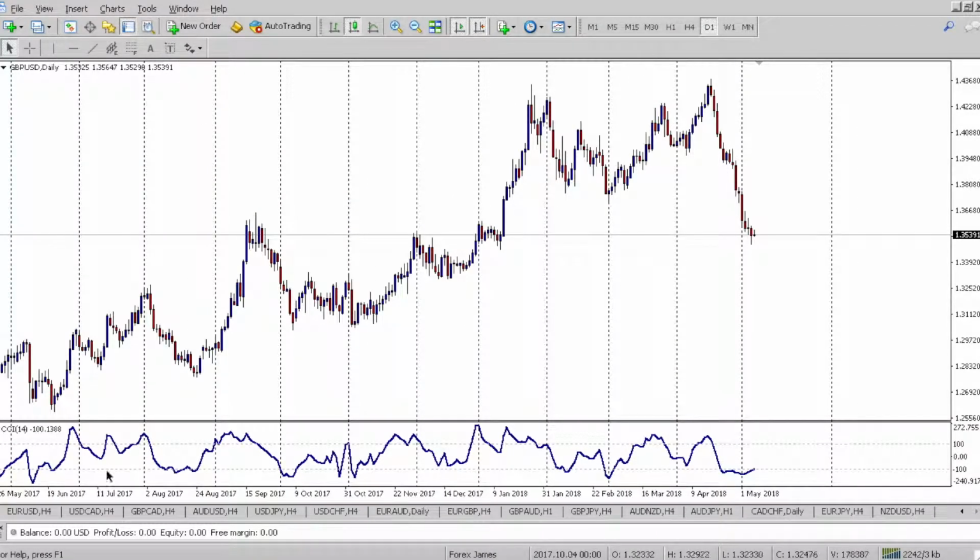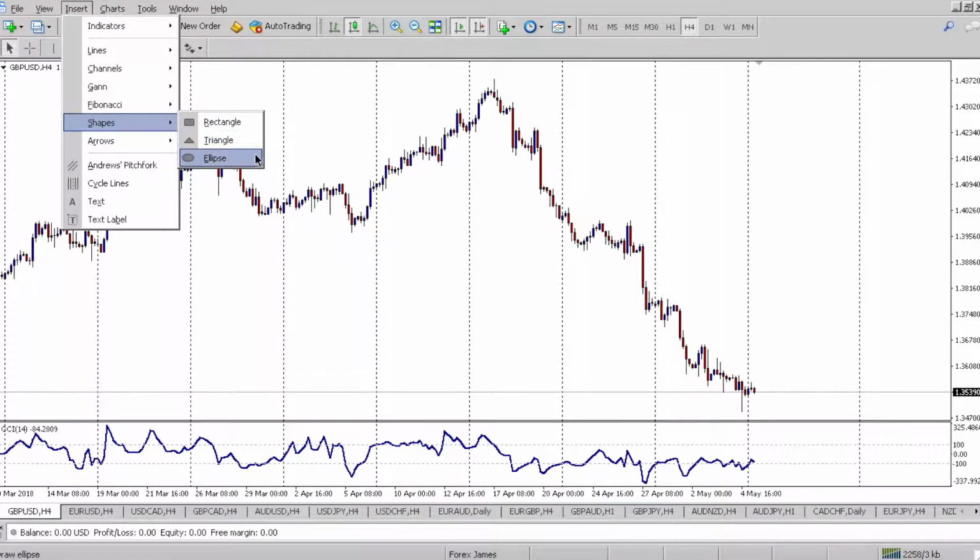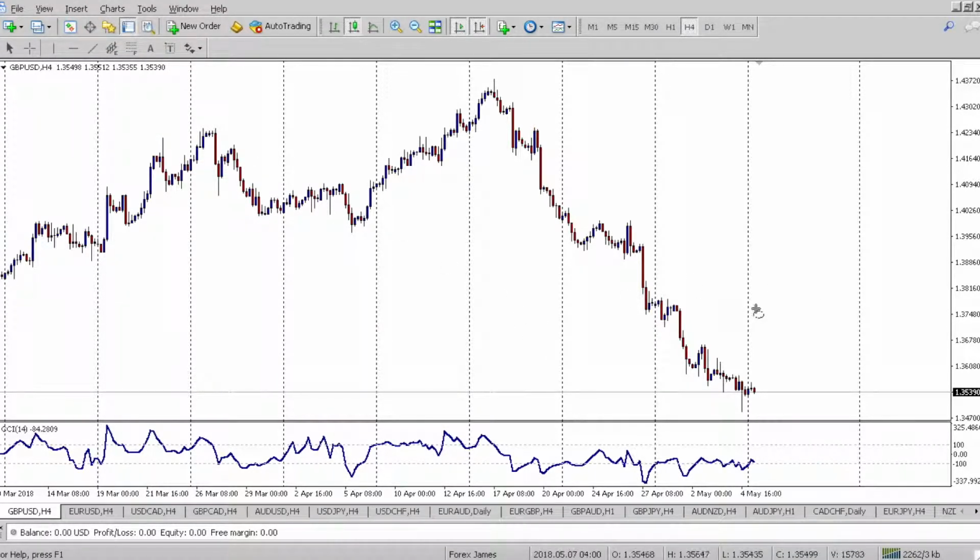Okay, so let's start out with the pound dollar. This is such a strong move to the downside. On the daily, we don't expect price to just turn around. We expect price to range first. So with that being said, I'm still going to be looking for shorts here on the H4.